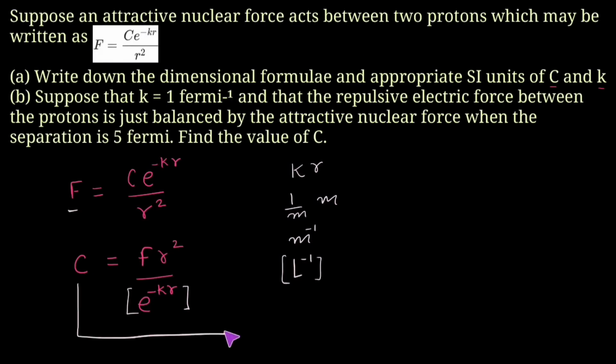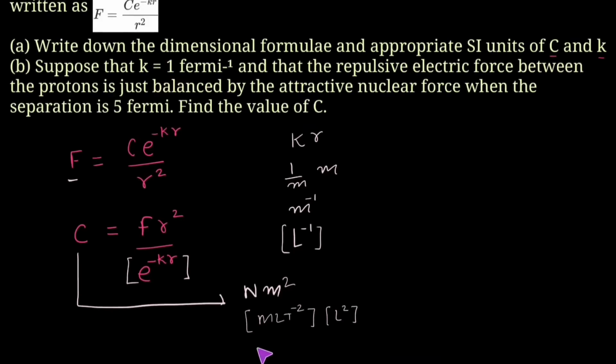And we can also write the dimension as Newton is M L T minus 2 and meter square is L2. If we simply combine, we will find M L3 T minus 2. So this would be the dimension of C.